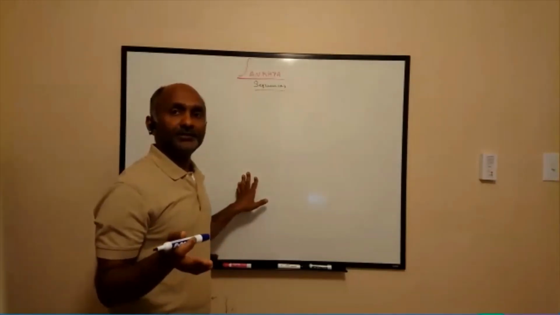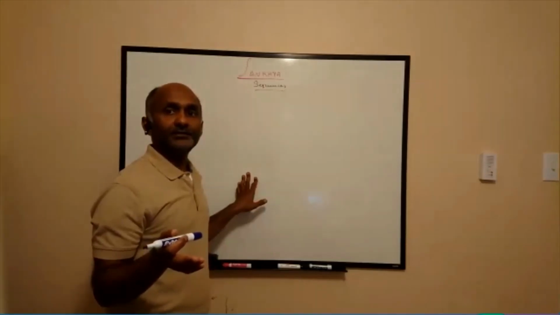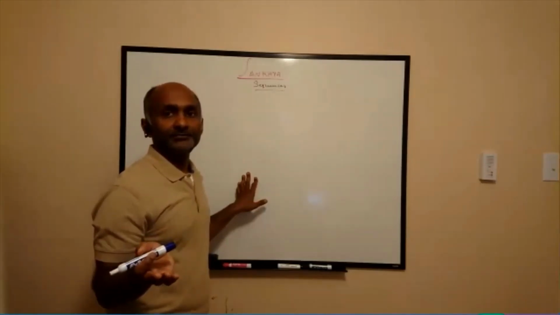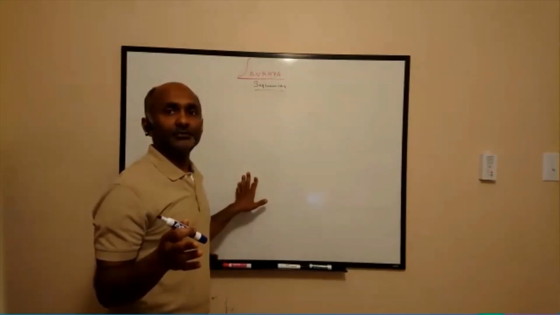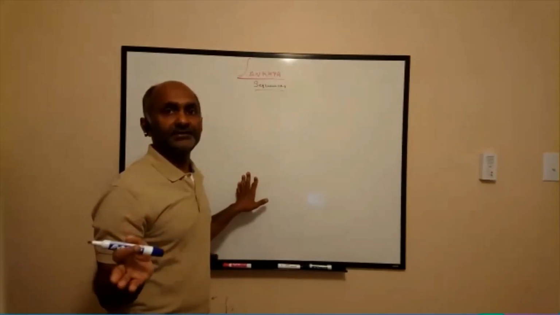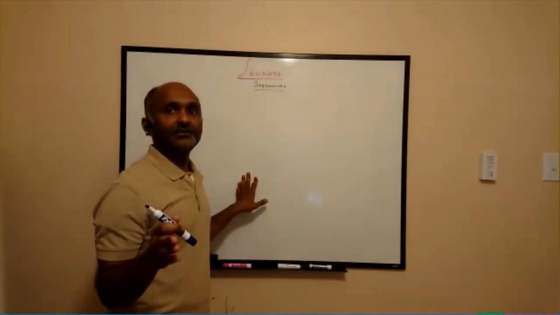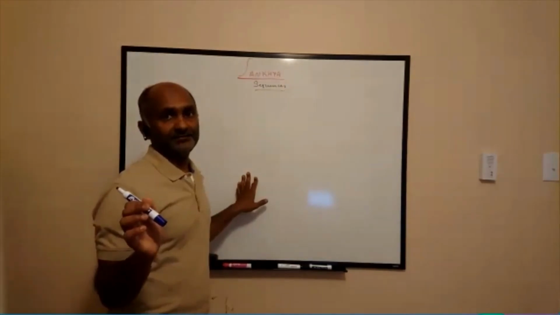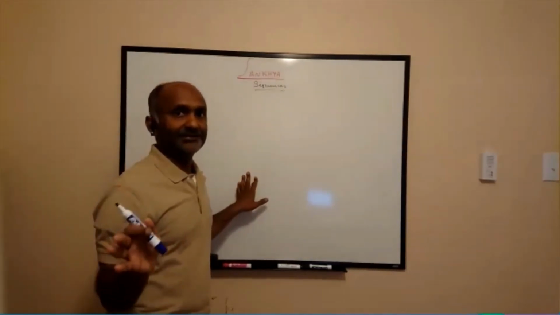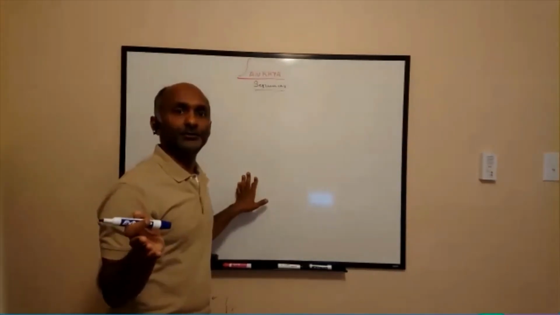An odd number is a number which is not a multiple of 2. An odd number is a number whose ones place digit is not 0, 2, 4, 6, 8. Basically, that's like a 10-second video.